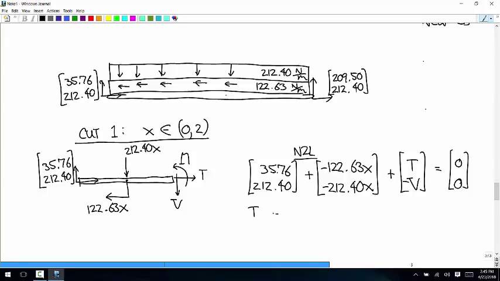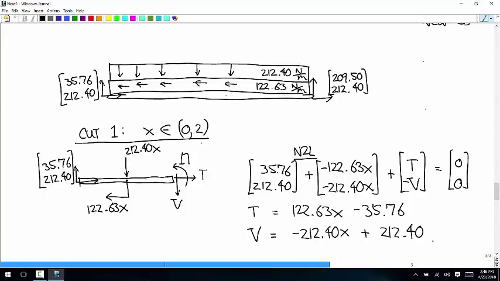So the internal tension is positive 122.63x minus 35.76. And the internal shear force is negative 212.40x plus 212.40.